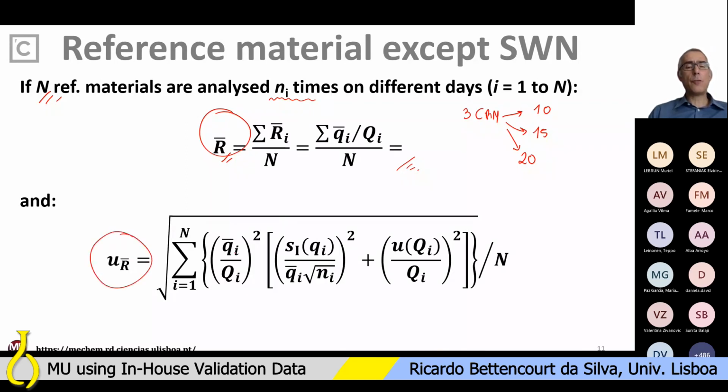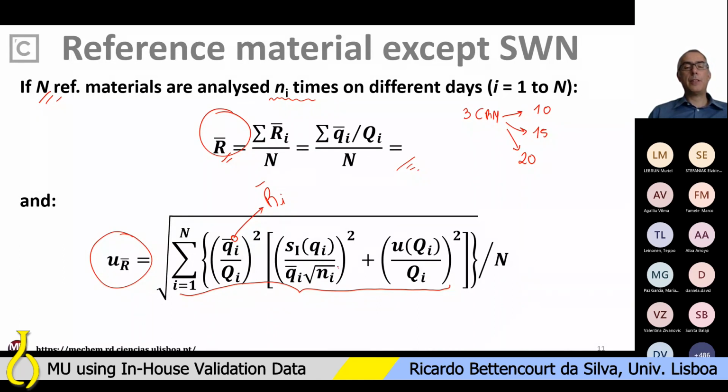And the standard uncertainty of the mean recovery is, like I presented in my first presentation, the square root of the sum of these terms. So this is for each reference material, this is the respective mean recovery. This is slightly different from my first presentation, because at this stage we allow that each reference material can be analyzed several times.